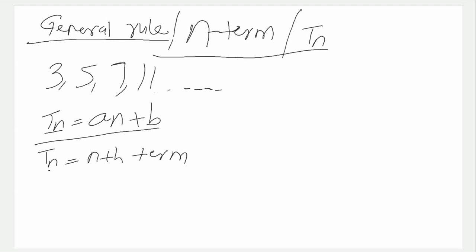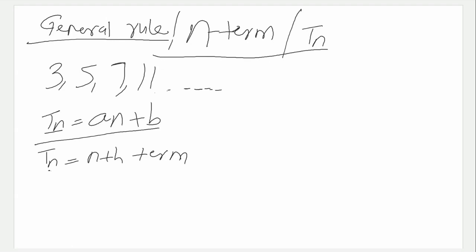It can be 1, it can be 2, or 10, and so on. So it is the position of the term in the sequence. If I want to calculate any position of the term, it is symbolized by Tn.